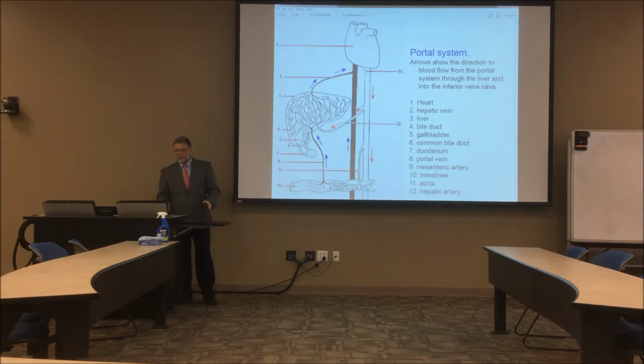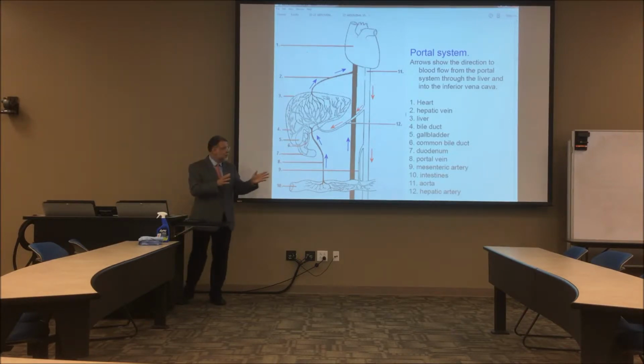The portal system is a very interesting system. All the organs that are receiving blood and getting nutrients from the small intestine or from any other area, after getting out of the aorta, they go into the portal system, and only the portal system goes into the liver.